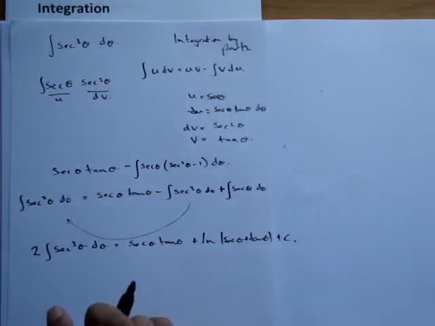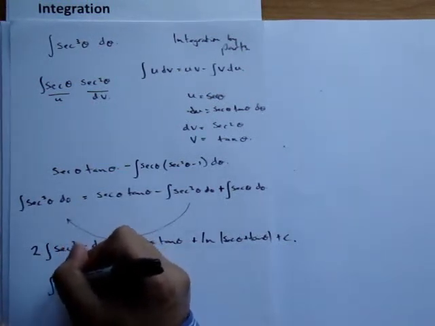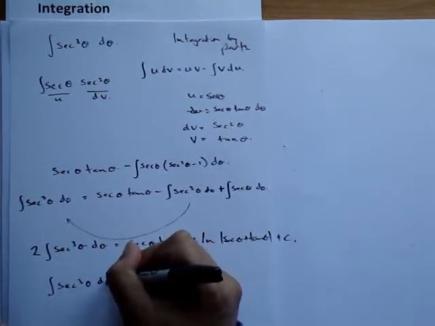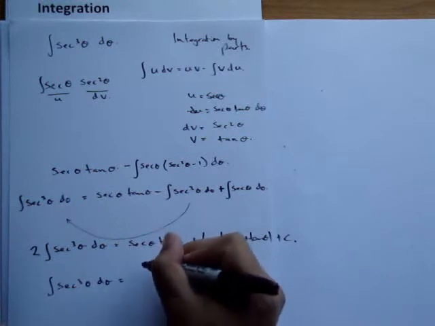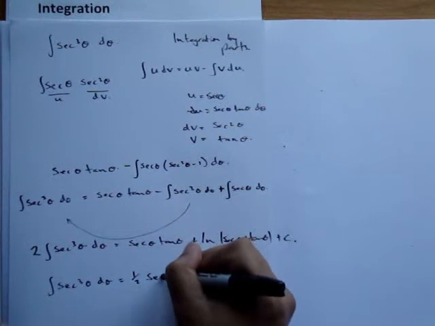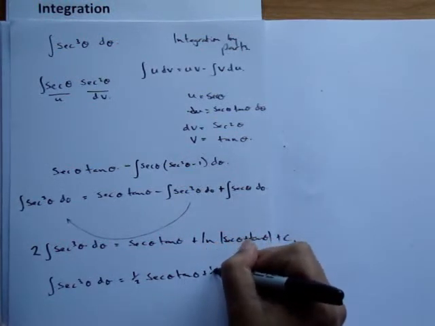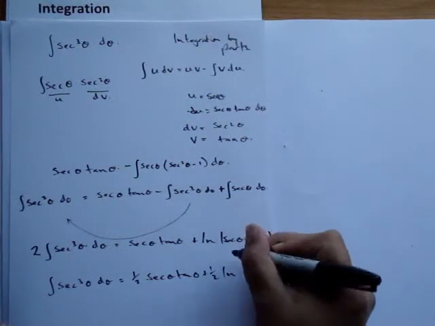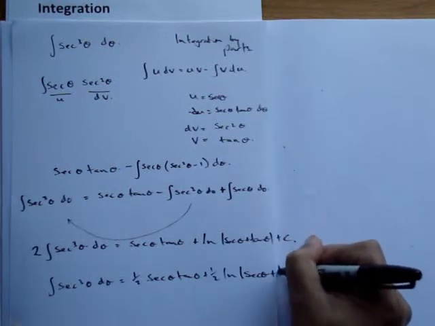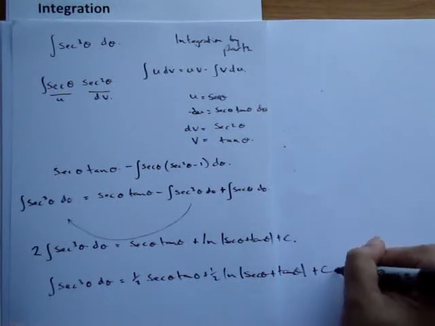And now to get what we wanted, which was the integral of secant cube theta d theta, we divide through by 2, so this becomes a half secant theta tan theta plus a half natural log of secant theta plus tan theta plus c.